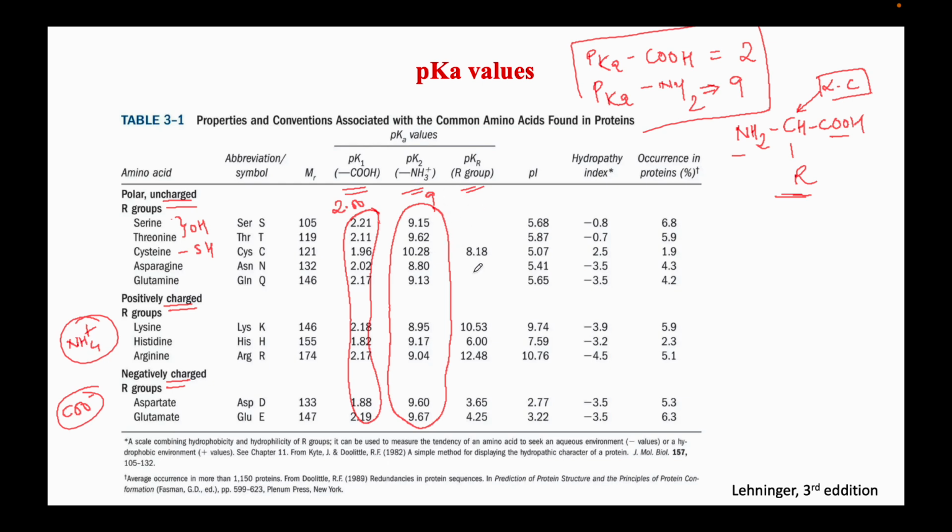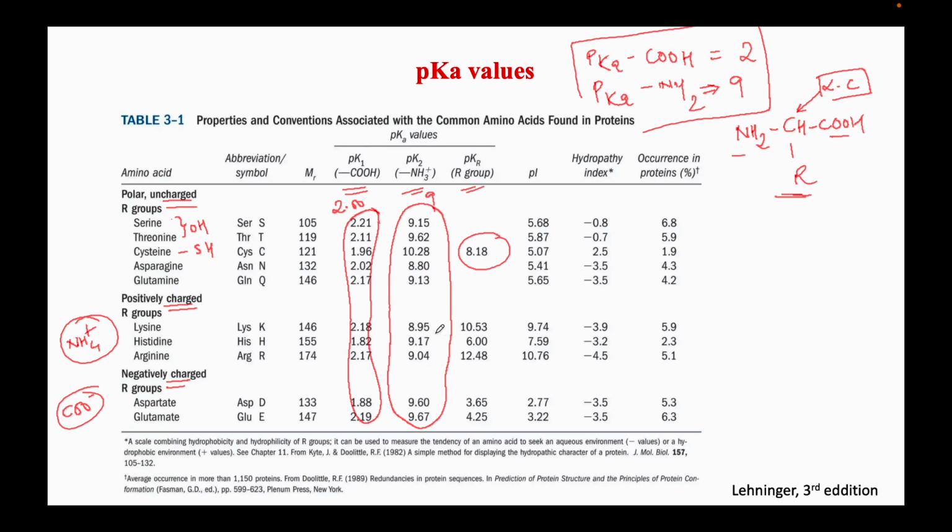Now the only difficult part is to remember the pKa of the R group side chains. For cysteine, we have to remember it is 8.8, slightly towards 8. So the amino group has 9 and cysteine has 8.